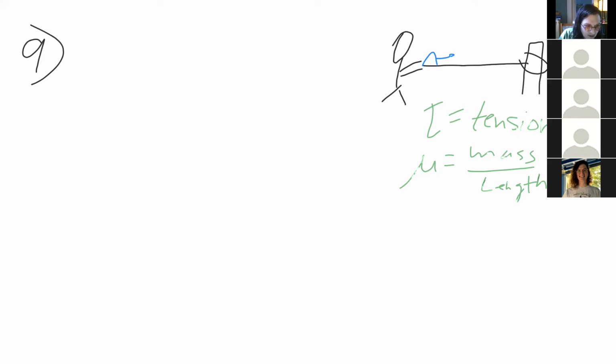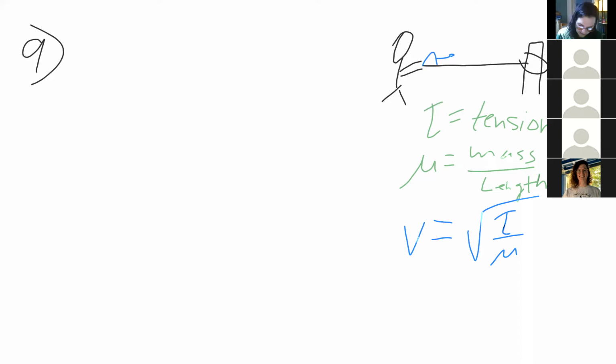And these two together allow us to write down another definition for the wave speed, v, and it is equal to the square root of the tension over mu. So the square root of tau over mu, or tension over mass per unit length.